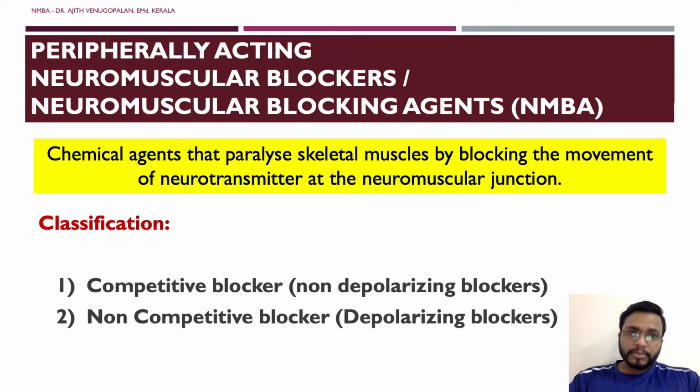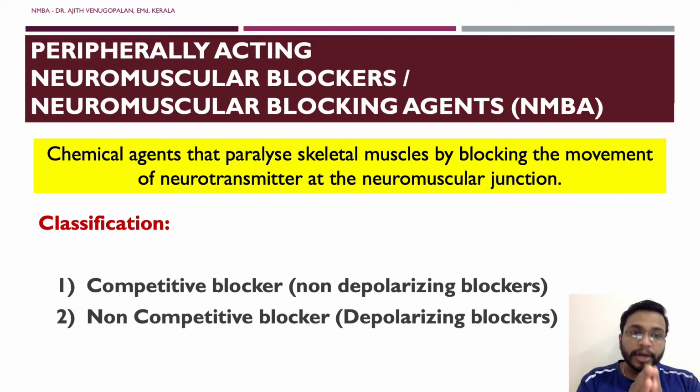The peripherally acting neuromuscular agents, known as neuromuscular blocking agents, that is NMBA, are chemical agents that are used for paralysis of skeletal muscles by blocking the movement of the neurotransmitter at the neuromuscular junction. Specifically repeating, these drugs are used to block the movement of neurotransmitters at the neuromuscular junction. So the whole drugs are going to act at the neuromuscular junction.